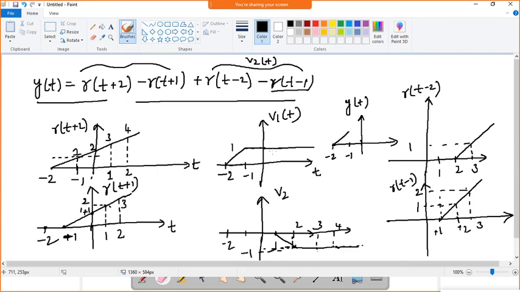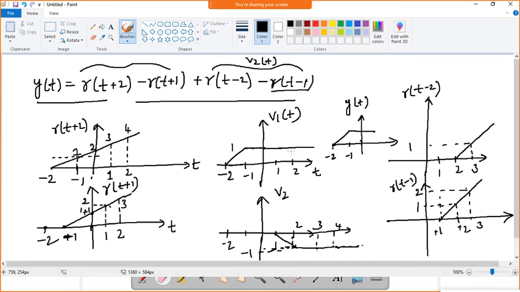Now at 1, what is the value? It is 0, and at 0 it will be 1. So till 0 it will be 1. Now what is the value at 1 and 2? At 1 again it will be 1 and 0, so at 1 also it will have the value 1.